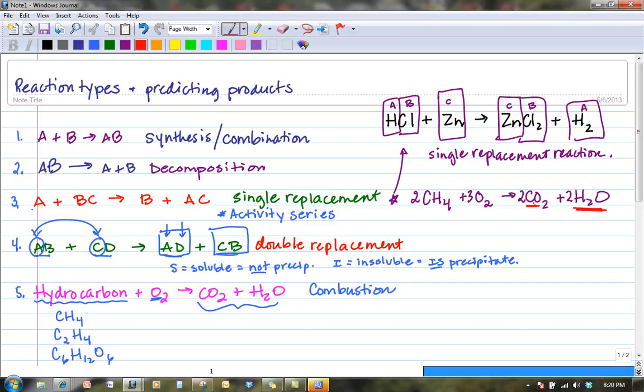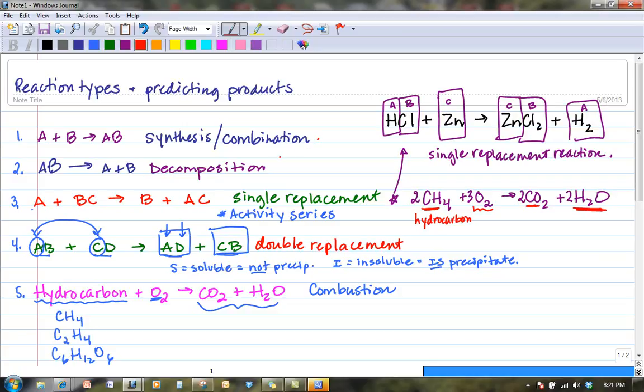Let's take a look at what we have on the reactant side. I have oxygen mixing with a compound CH4. And this compound CH4 only has carbon and hydrogen in it. That means that this is a hydrocarbon.